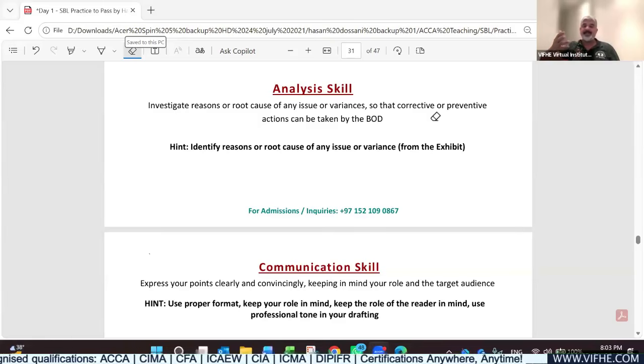If the sales revenue has fallen, the board will ask you why, right? So you have to identify the reasons why revenue has fallen. When you identify the reason or the root cause, that's analysis skills.